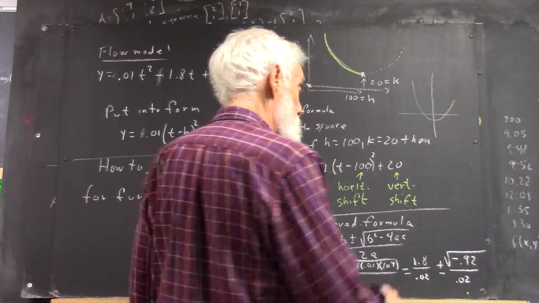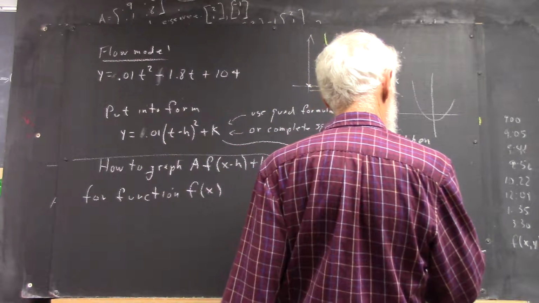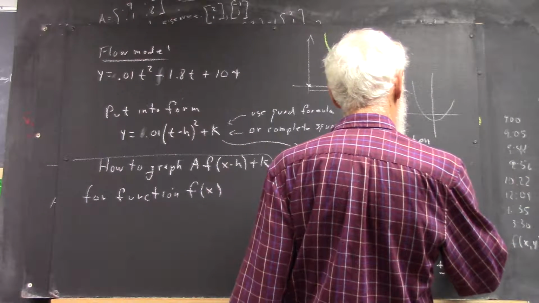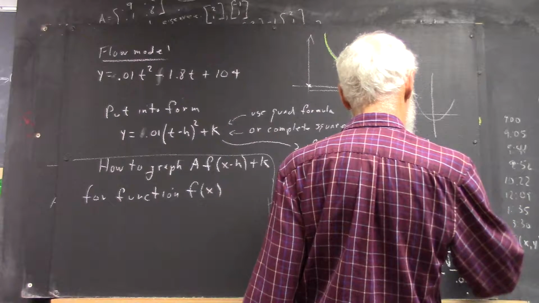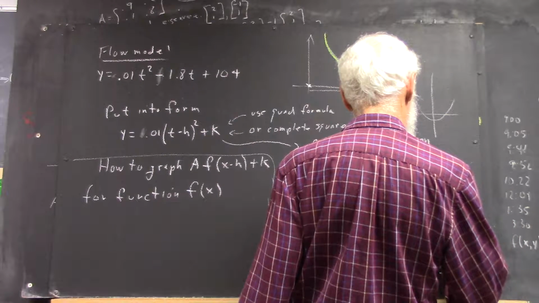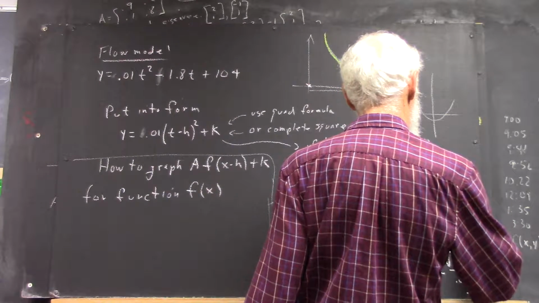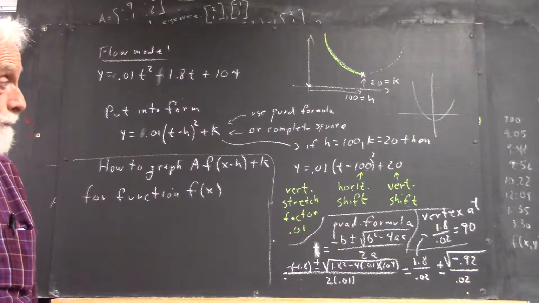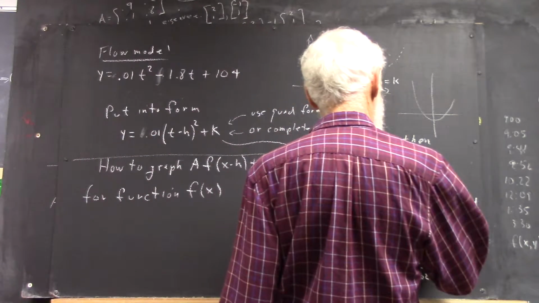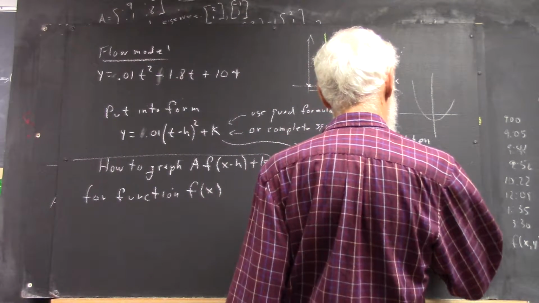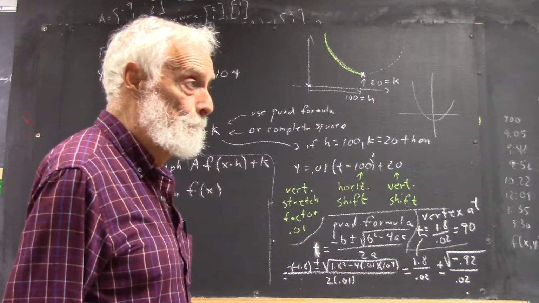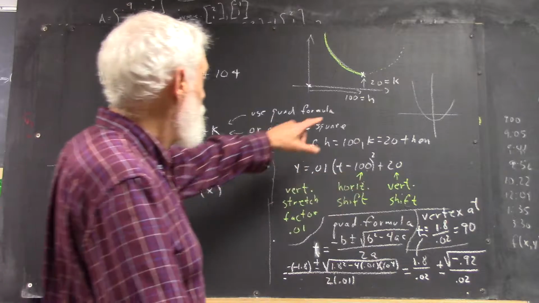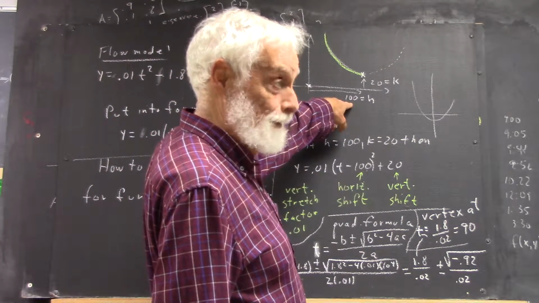So, from this, the vertex is at 90, at t equals 90. Okay? Which means what? It means that our horizontal shift wasn't 100, it's 90.